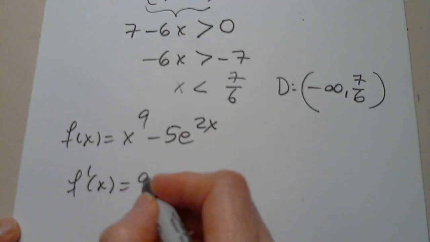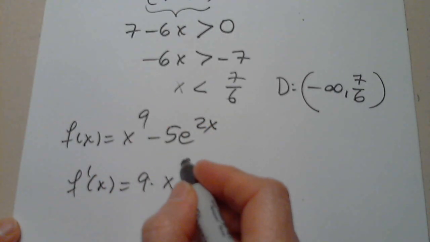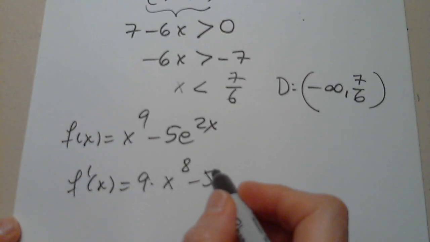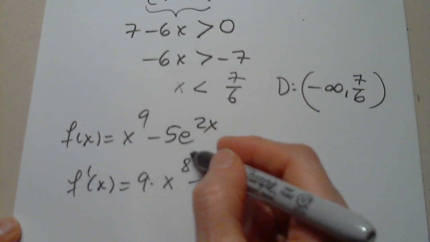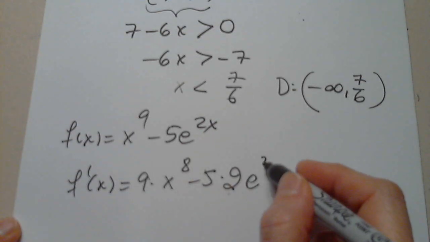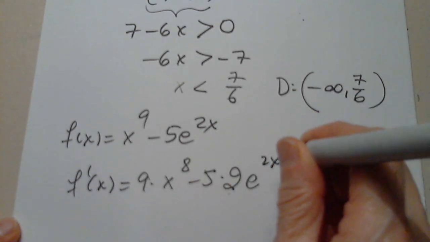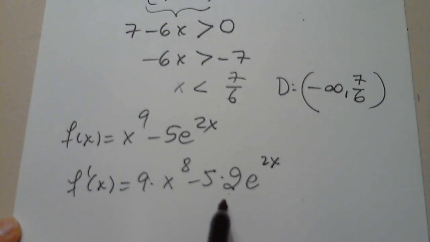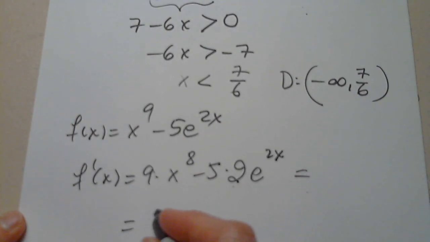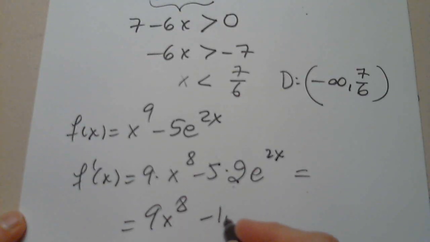We bring down 9, subtract 1 from the power, minus 5 times 2, because when I differentiate e to a function, it is e to that function times the inner function prime. So I put a constant in front already. So the final answer is 9x to the 8th minus 10e to the 2x.